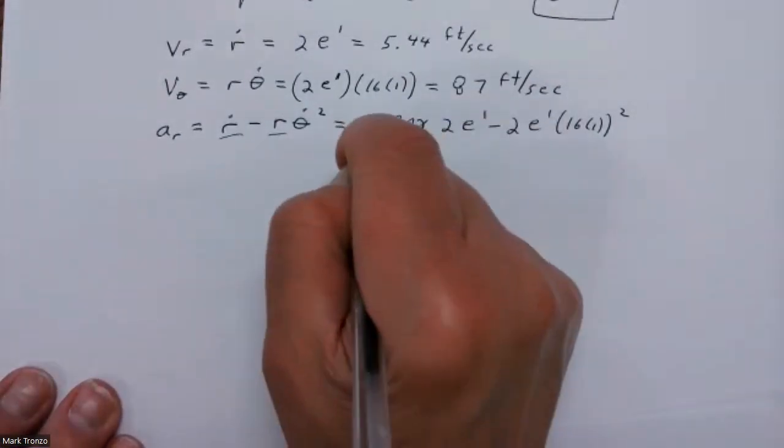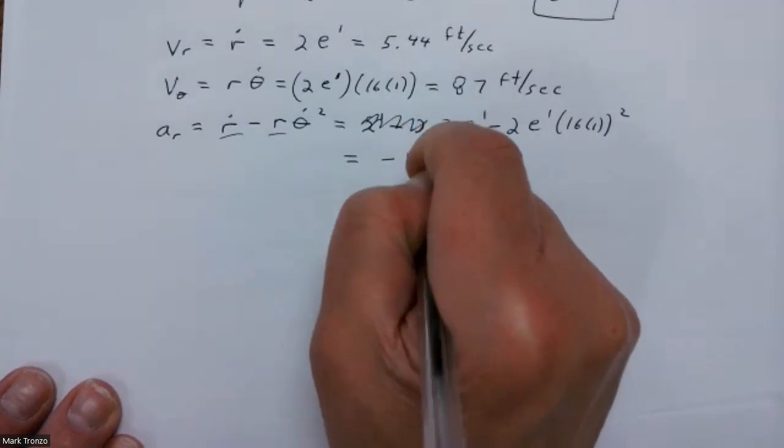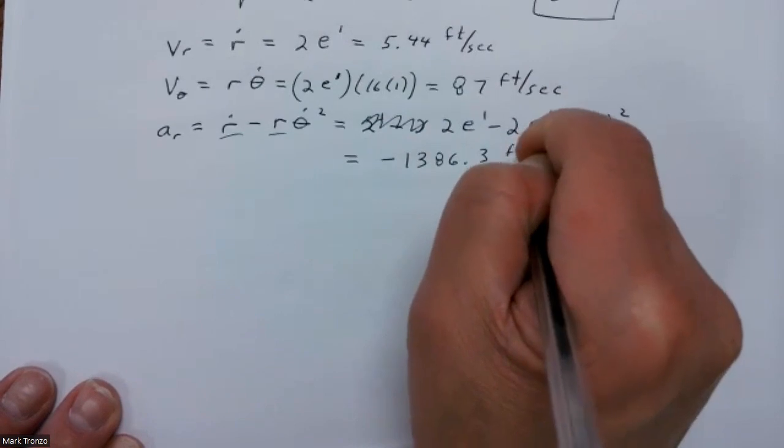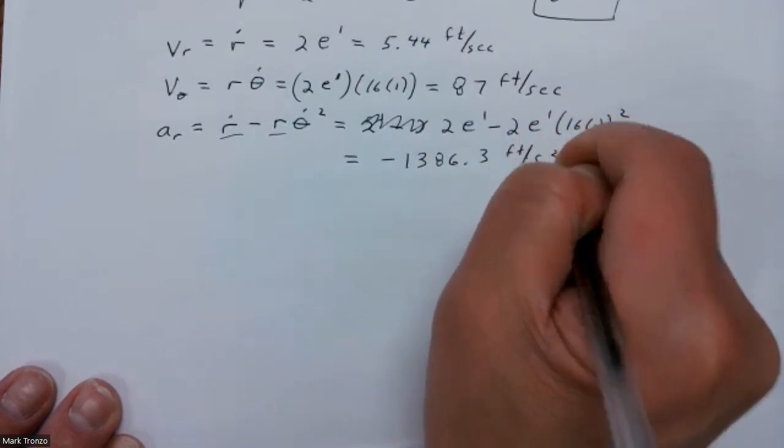When I put that in my calculator before, that was minus 1386.3 feet per second squared.